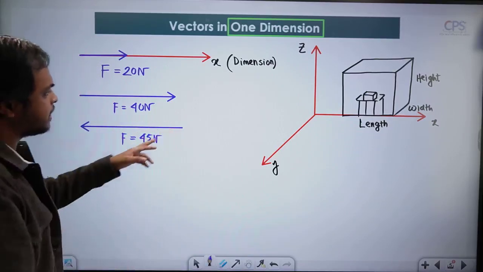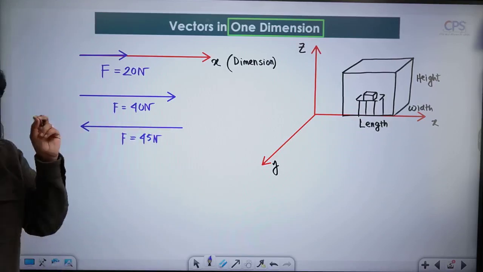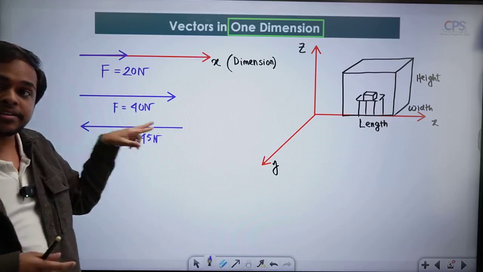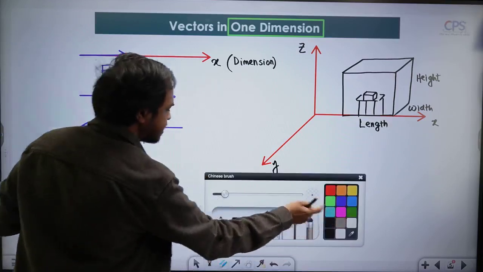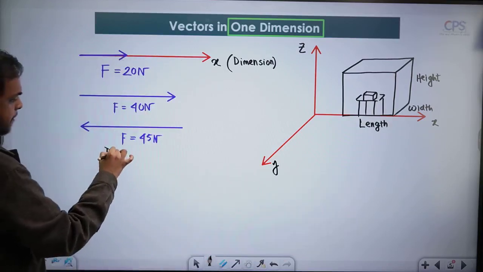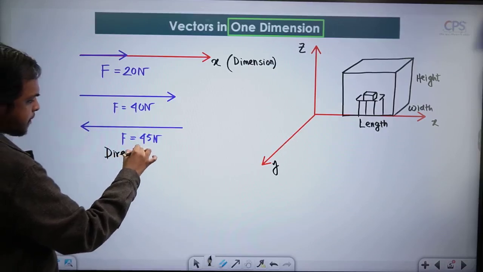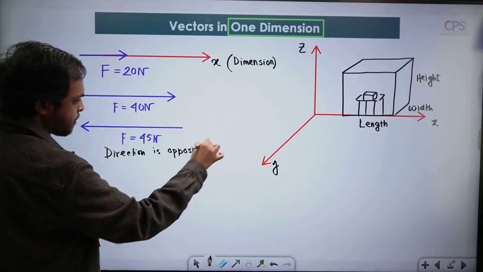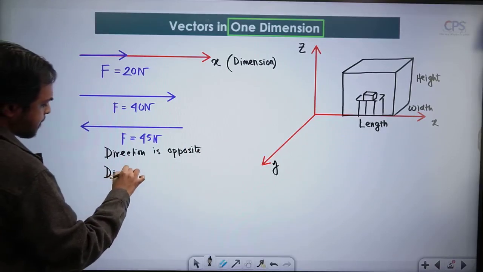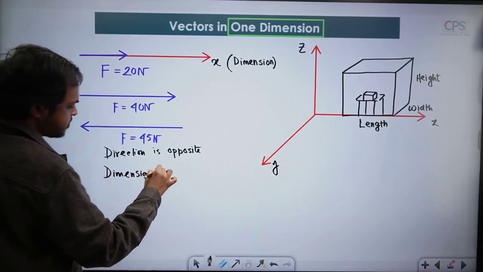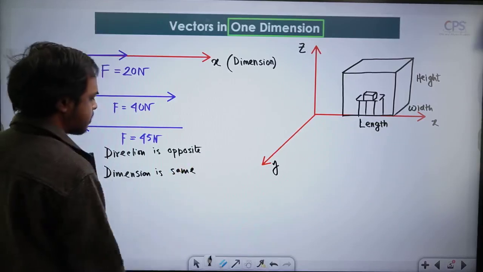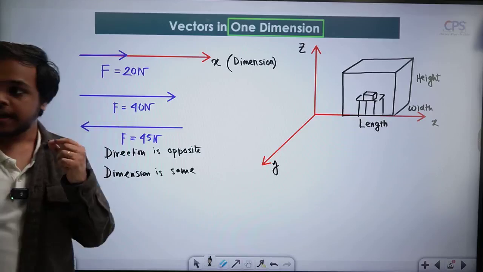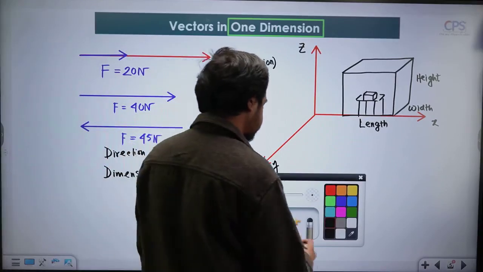This is in the opposite direction, but in the same dimension. The direction is opposite, but the dimension is the same. Okay, everything is one dimensional.